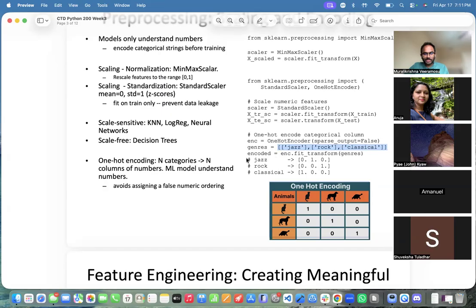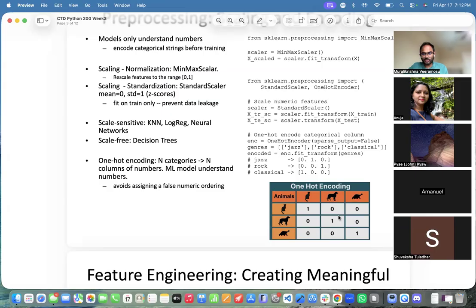This data is converted into this data, right? Here is an example of one-hot encoding. Let's say this is cat. It's taken as number 1. For dog, it's taken as number 0. And for tortoise, it's taken as number 0.